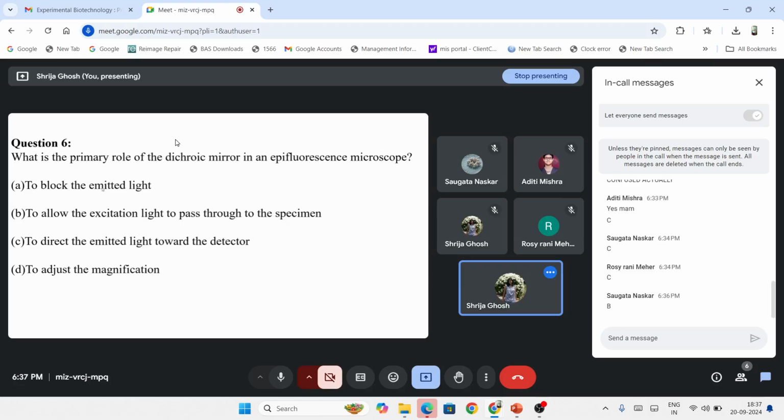Okay, Saugat has answered option B, to allow the excitation light to pass through the specimen. Okay, anyone else wants to answer?